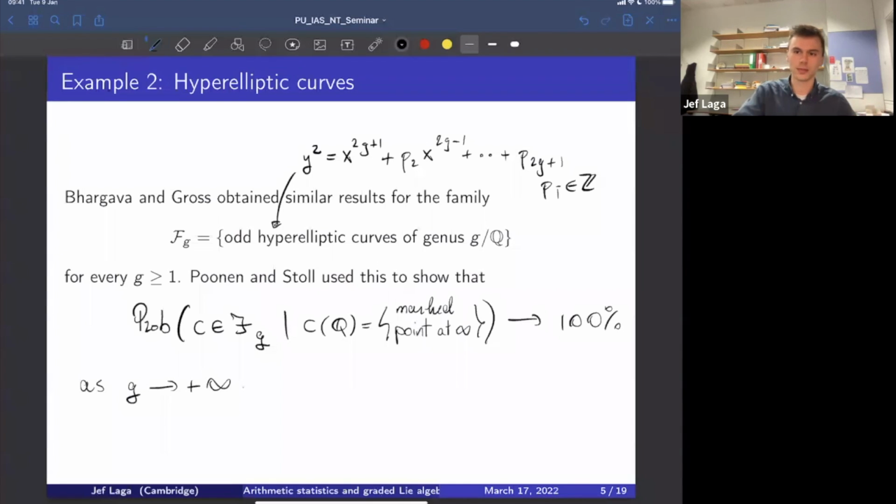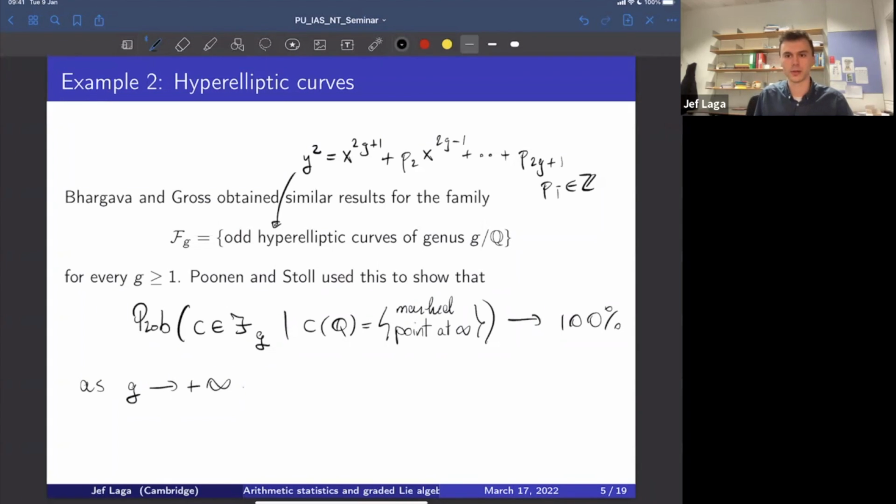All right, and so this by now leads to the well-known slogan that most odd hyperelliptic curves have only one rational point. So we're trying to get some generalizations or maybe weaker versions in other situations of these theorems.